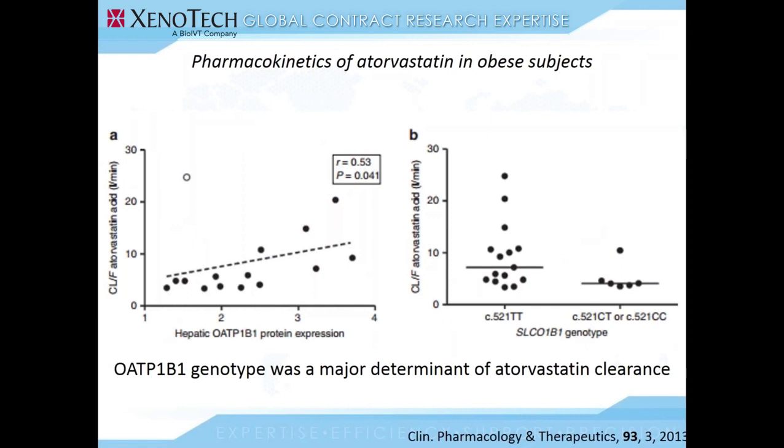We see that clearance of atorvastatin is related to amount of OATP1B1 protein found in the liver, and we see that clearance of this statin is also related to allele frequency responsible for active protein, that is allele T, and it's inversely related to presence of allele C associated with the reduced activity of the transporter.